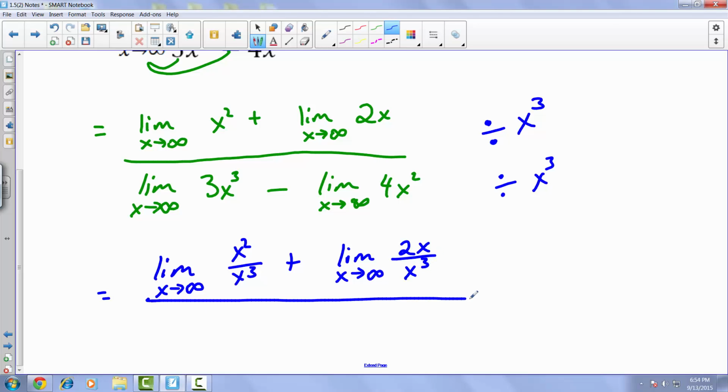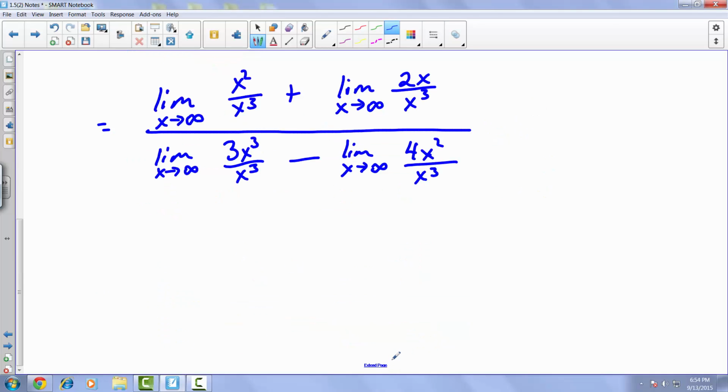On the bottom, we have the limit as x goes to infinity of 3x cubed over x cubed minus the limit as x goes to infinity of 4x squared over x cubed. So again, pretty much we're just dividing every single term by x cubed.